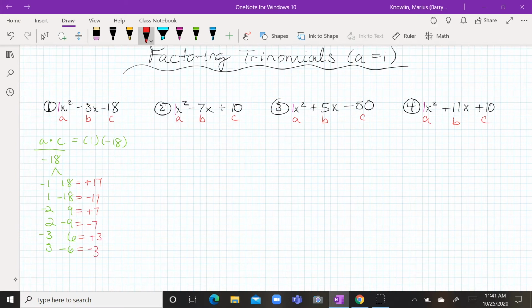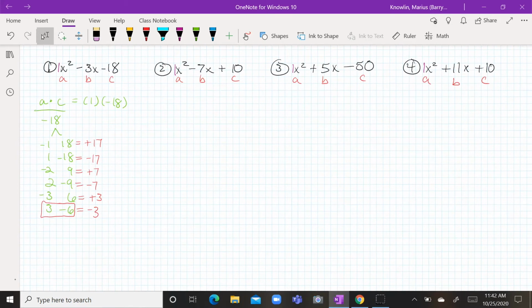We want the ones that make negative 3, so we're going to be using positive 3 and negative 6, because when you combine those two, it makes negative 3. Now, these are going to be the factors that we use to factor this trinomial here. So we're simply going to write x plus 3, x minus 6. And that will be it. We factored it. We're done.